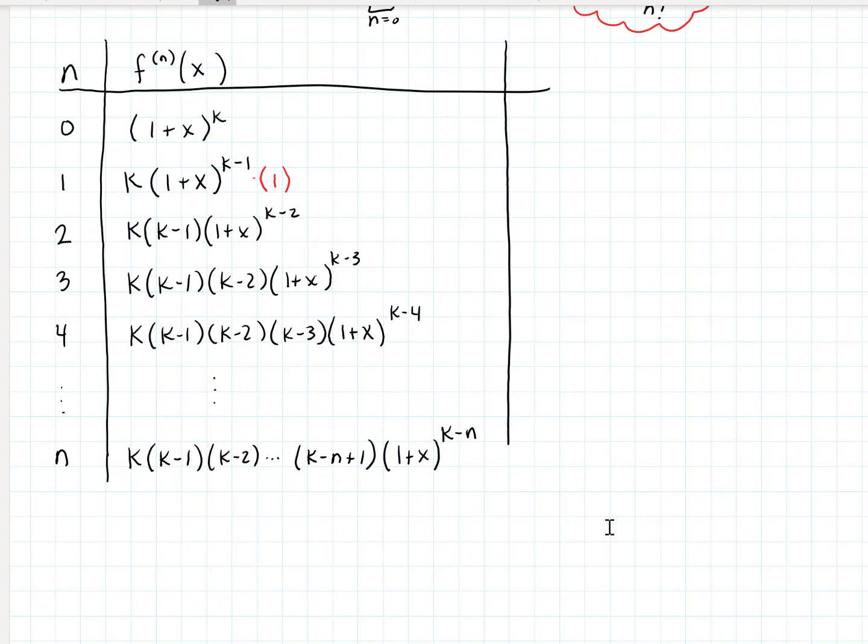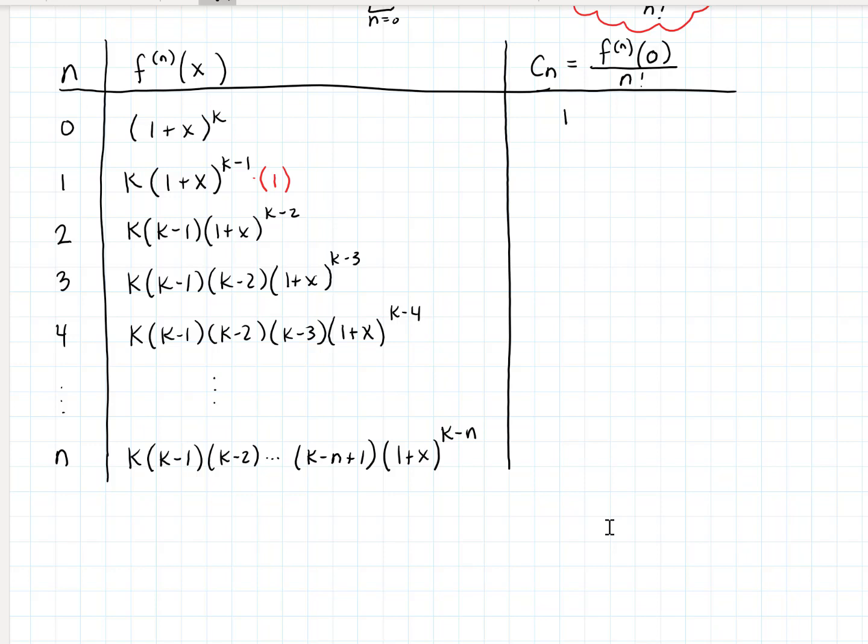Remember, since we're centered at 0, we're plugging 0 into those derivatives, and then dividing by n factorial. So for the first one, when I plug in 0, I'm just going to get 1 to the k over 0 factorial, which is 1.